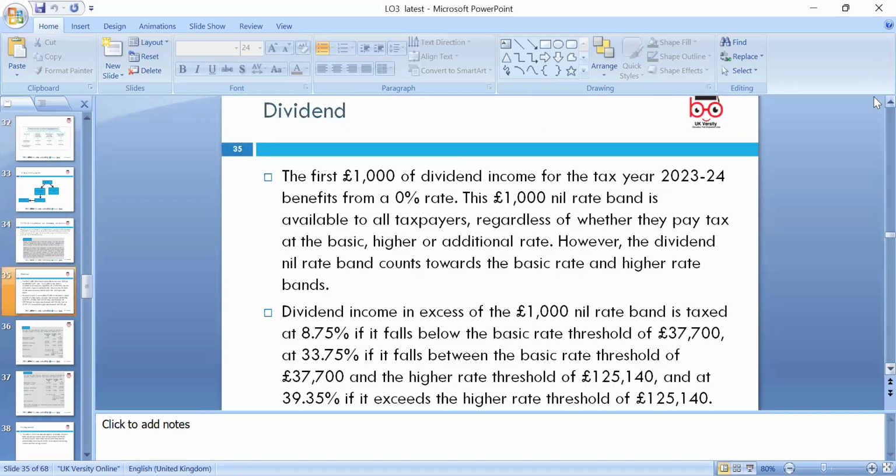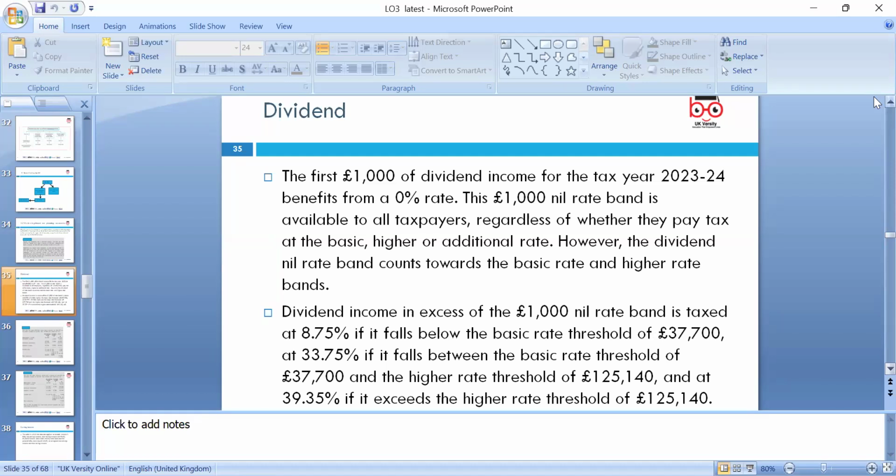So dividends: the first 1,000 of dividend income for 2023/24 is at a zero rate, and the 1,000 nil rate band is available to all taxpayers regardless of whether they pay basic, higher or additional rate. So the 1,000 is exempt, you don't have to pay tax on it. However, the dividend nil rate band counts toward the basic rate and the higher rate band.